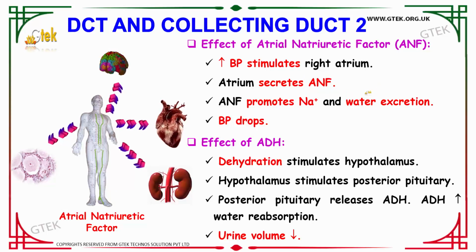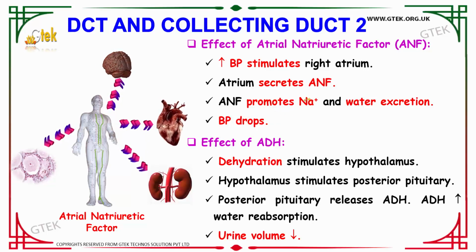So once the ANF is secreted, it promotes the sodium ion and water excretion. So once your urine volume increases, this decreases the BP level.